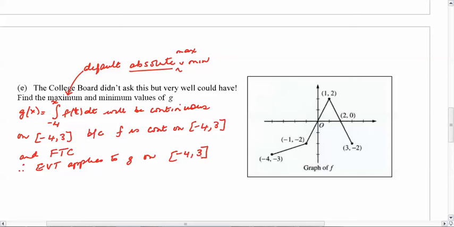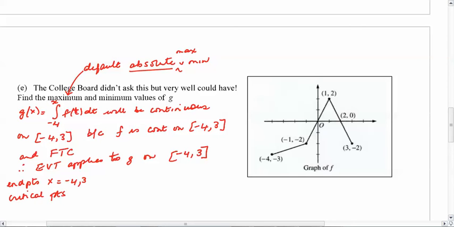Which is really good to know. Remember how the EVT goes. I just need to list the y values of G, because G is what I'm interested in here, to find its max and min. I write the y values of G at endpoints and any critical points. We know the endpoints. All right, my endpoints are x equals -4, x equals 3. I need to find my critical points.